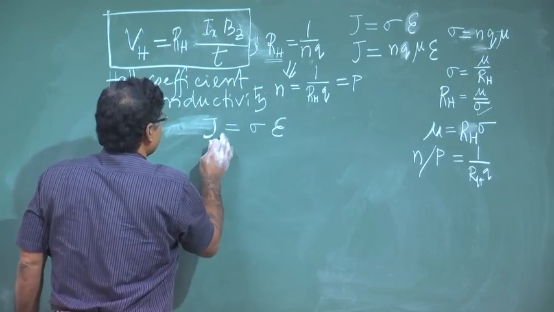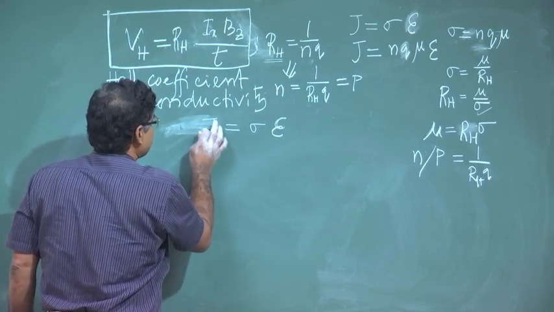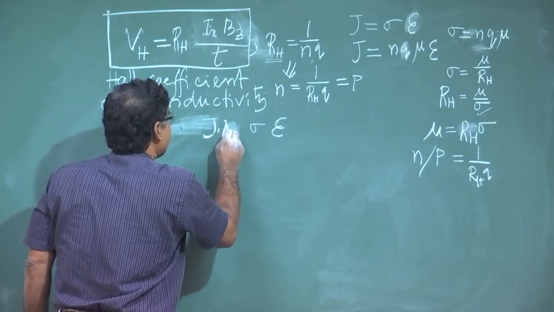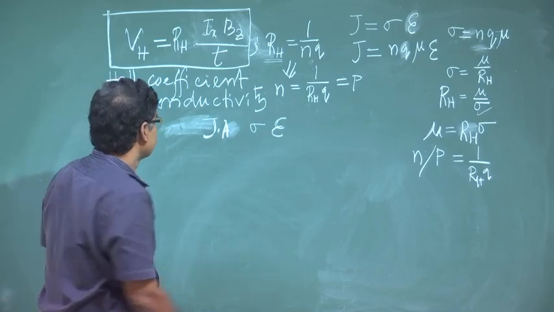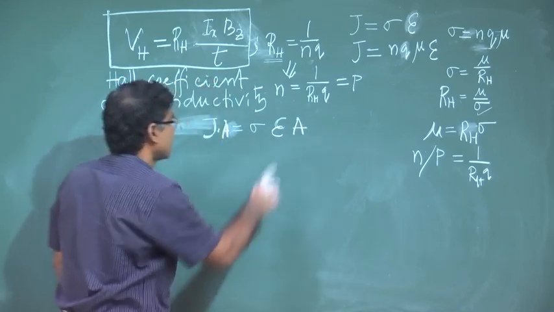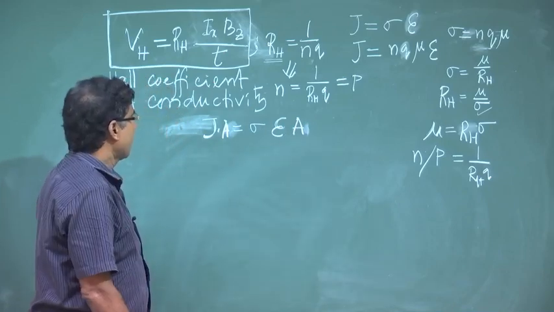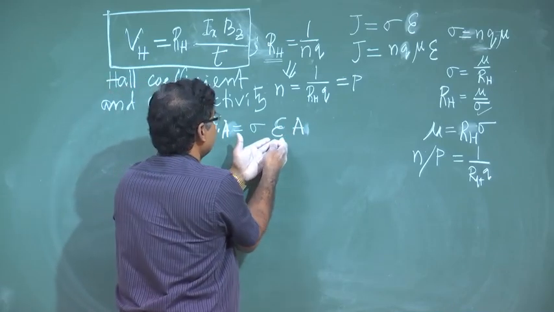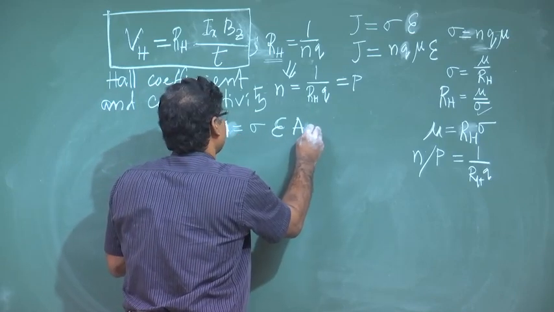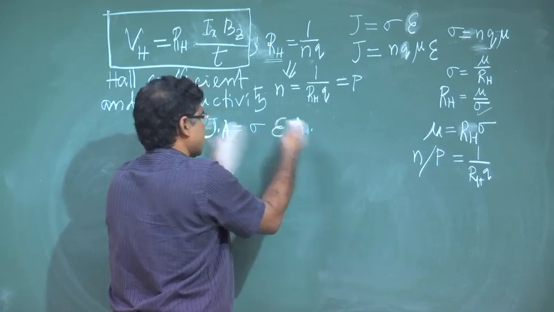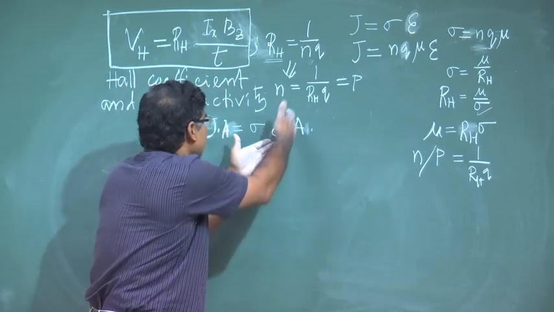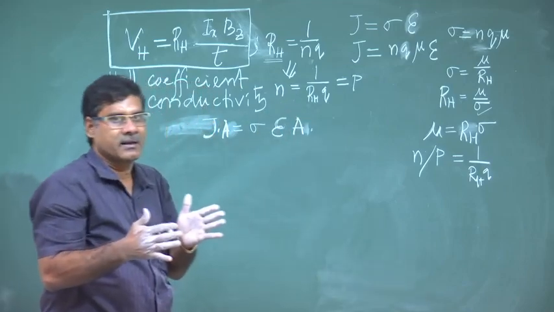So, if I multiply with some area A on both sides, and if we also multiply on both sides with this length of your sample along which you have applied the electric field.